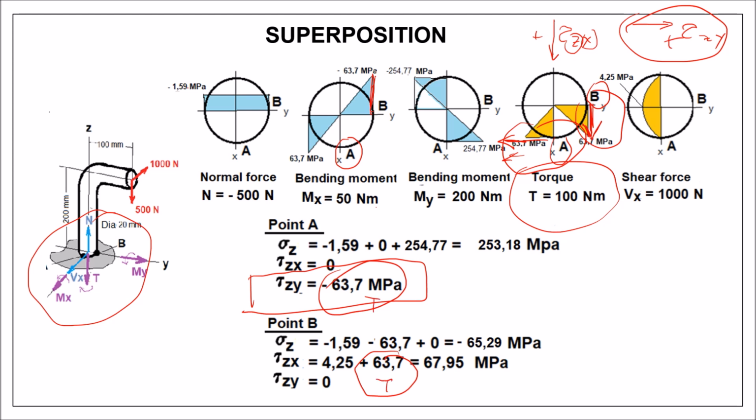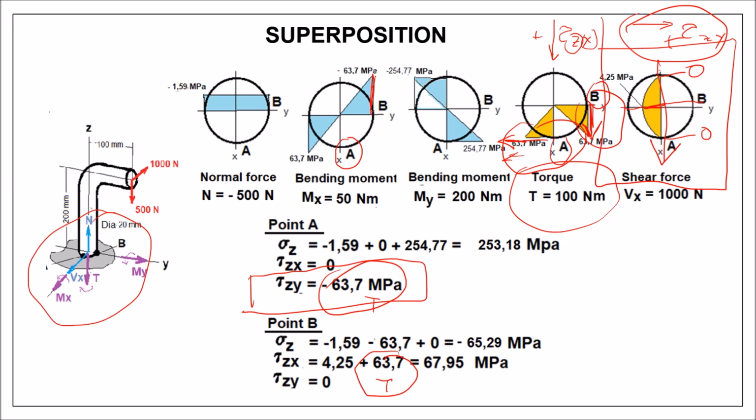So now let's come to shear. We know that when you have a shear force like this, on the surfaces, these values are 0, and in the middle or on the neutral axis, the value is maximum.